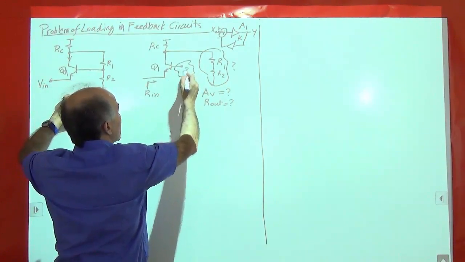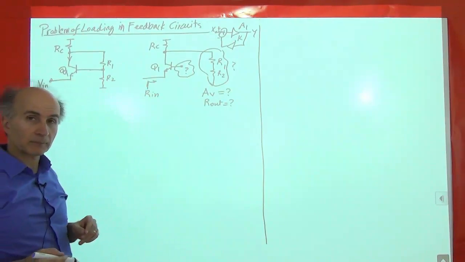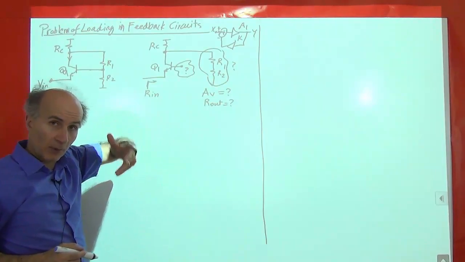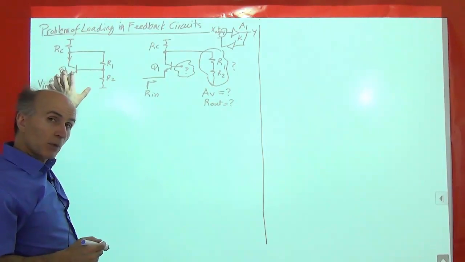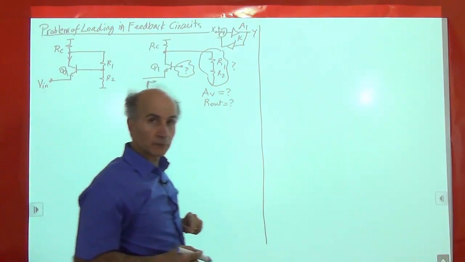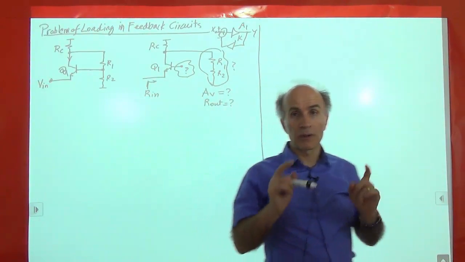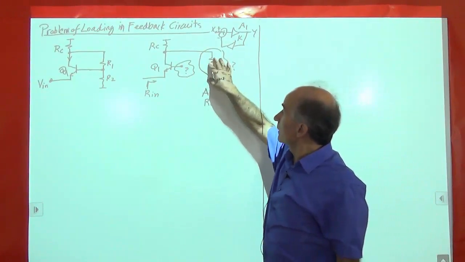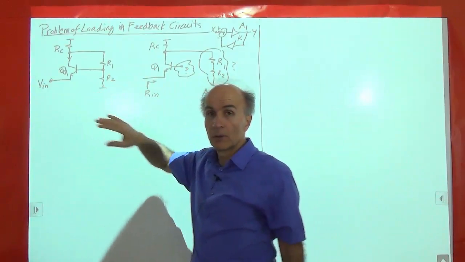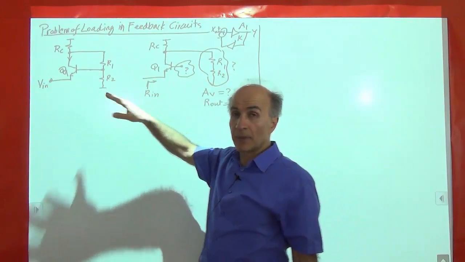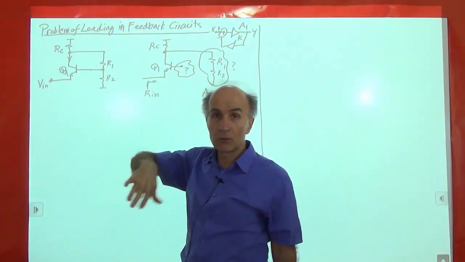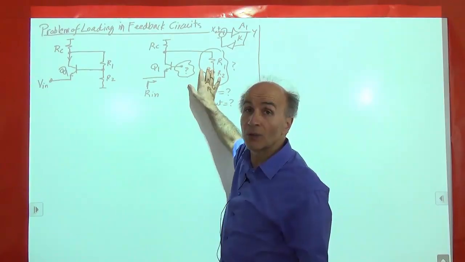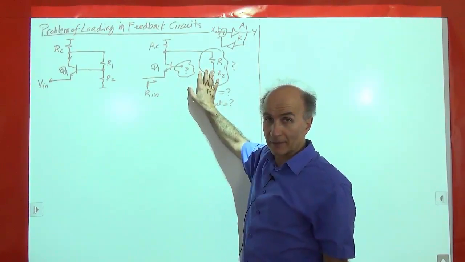We don't know exactly what to model that. Okay, so that Rin for the open loop circuit is a proper representation of what happens when we close the loop, right? So this takes a bit of time to get used to, that these components R1 and R2 of course appear in the closed loop circuit, but they do need to be included in the open loop circuit so that their loading is properly represented, right?